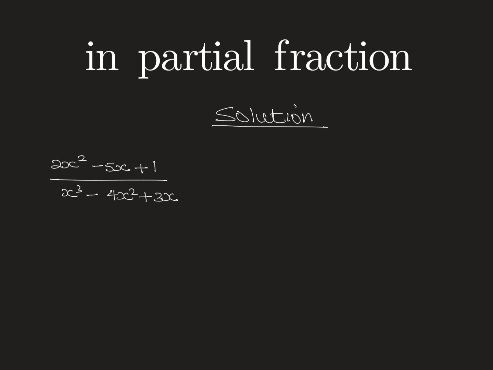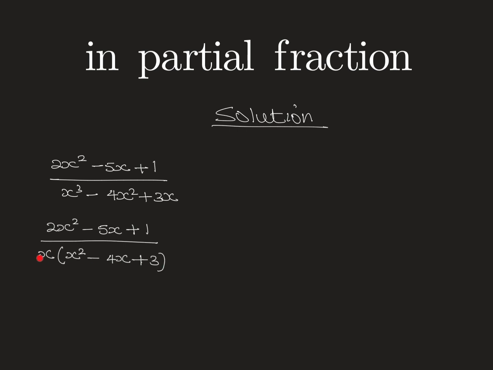So we can first try to factorize x out. That will give me 2x squared minus 5x plus 1 all over x into (x squared minus 4x plus 3).